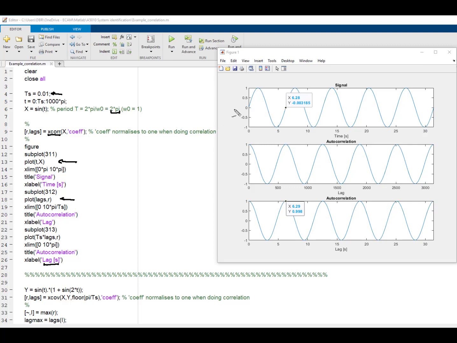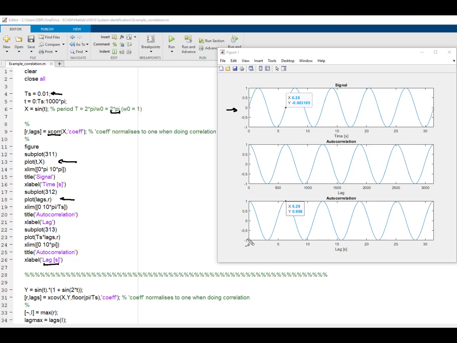And as you can see, and as is to be expected, the period of the signal is obviously 2 pi, right? If you look at the autocorrelation function as a function of the lags, this is what you see. It's more interesting to have a look at the third plot where the lags are brought back to seconds, taking into account the sampling period.